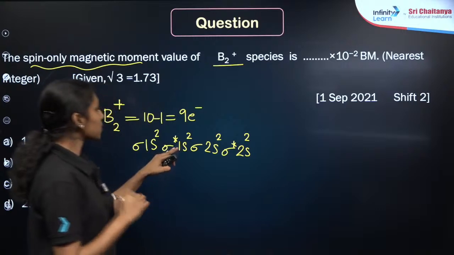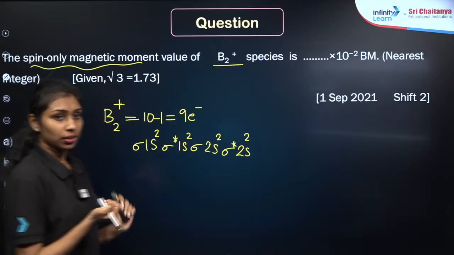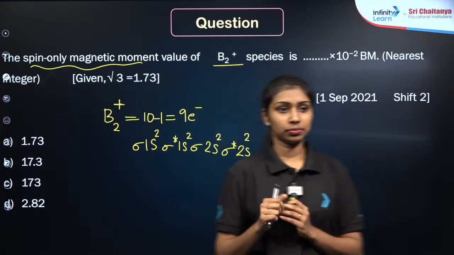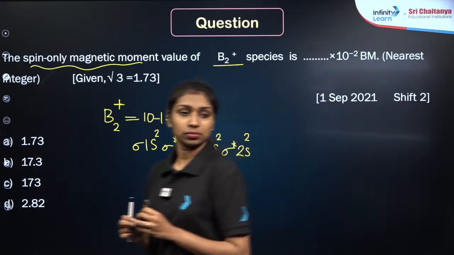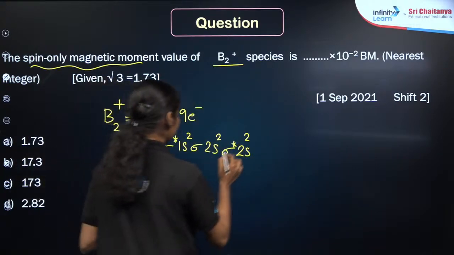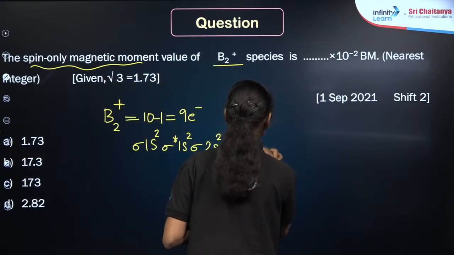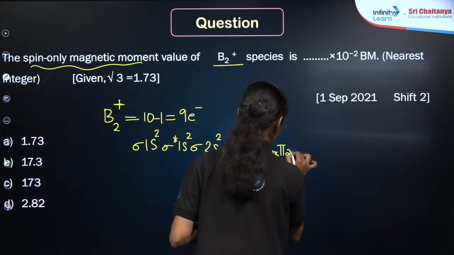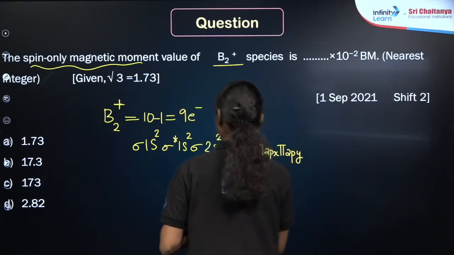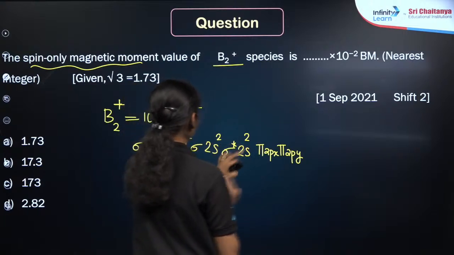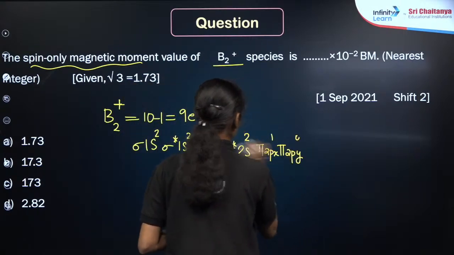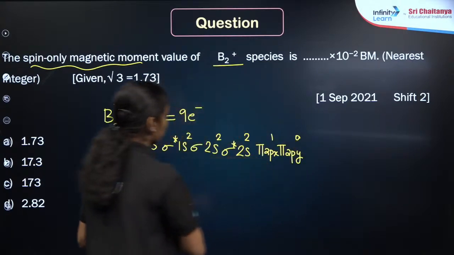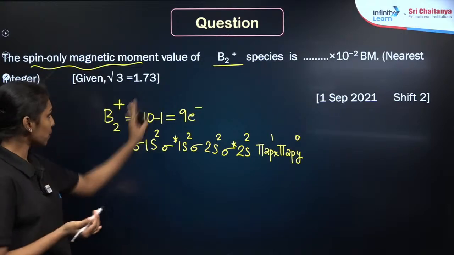Then for the 9 electron system, which will be the next orbital? Right, this will be the electronic configuration of the B2 plus species.